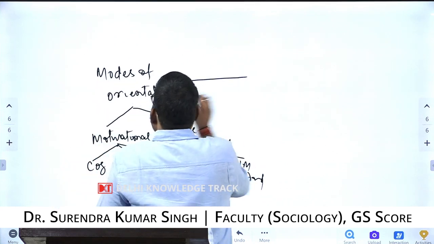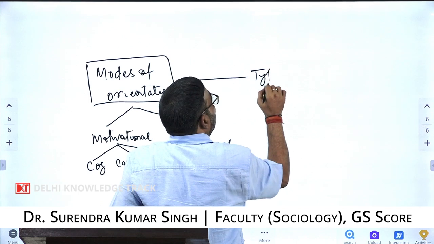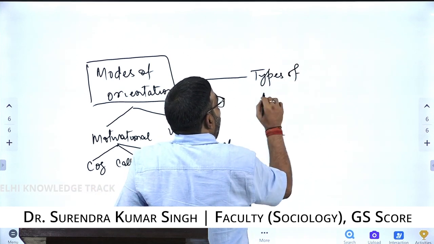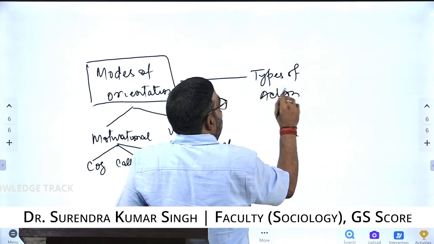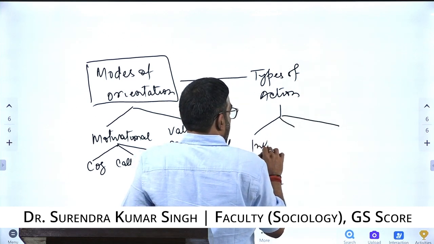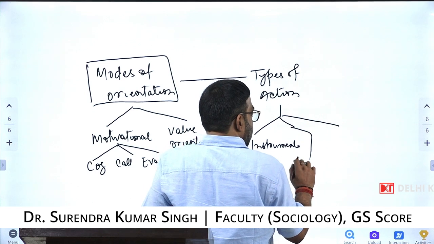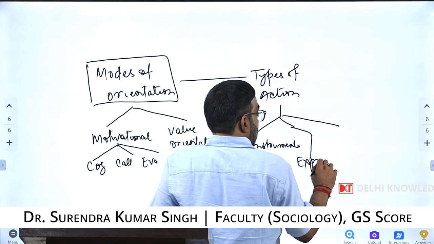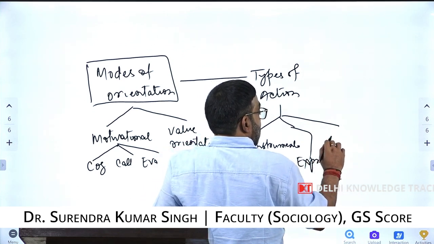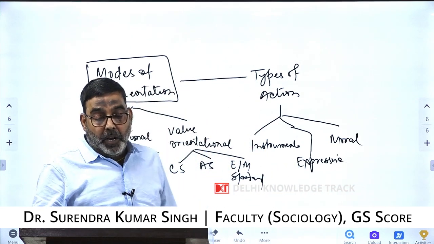So from here, types of action. What were the actions, beta? Instrumental action, expressive action and moral action. All right.